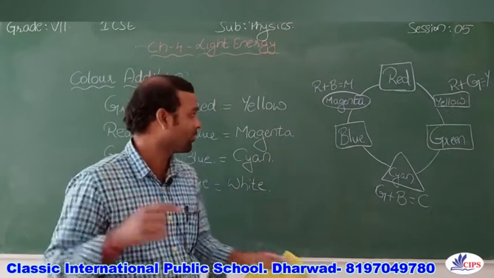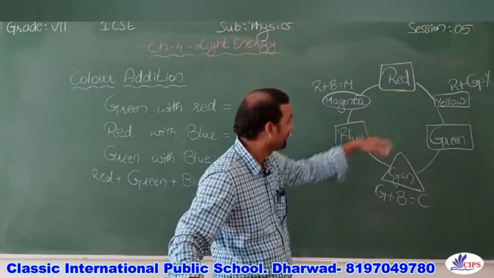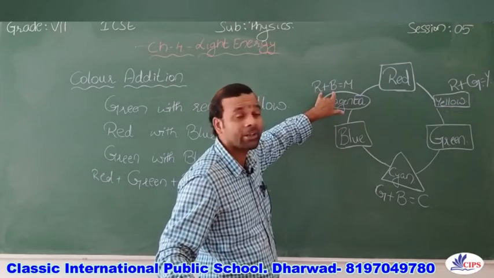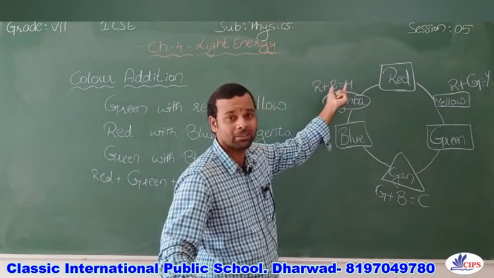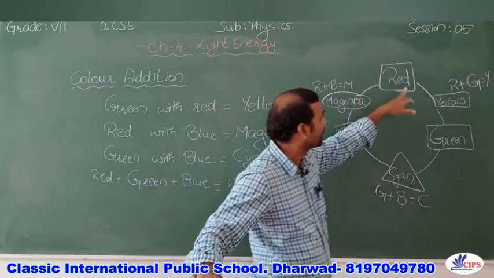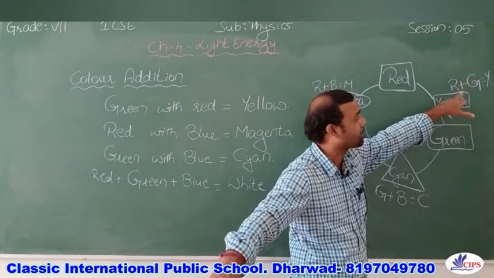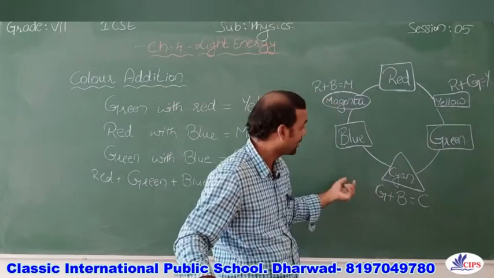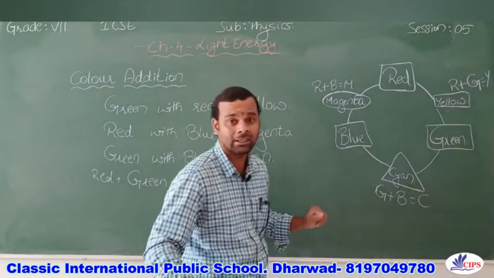So when you combine a red colored light with blue colored light, we are observing magenta. R is red plus B is blue gives you M, that is magenta. Red with green gives you yellow, R plus G is equal to Y. Blue and green together gives you cyan, so G plus B equals C.